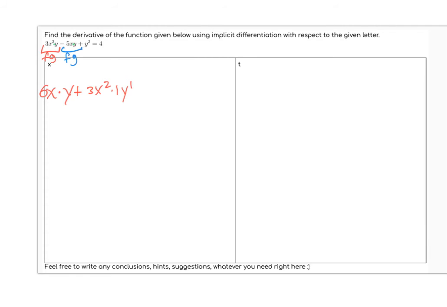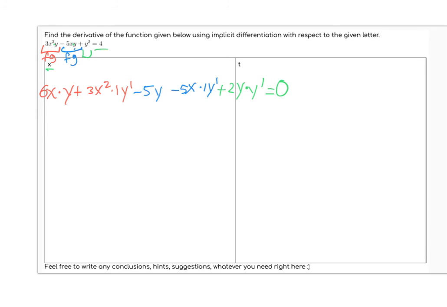We've got f and g for my product rule. So we've got minus 5y and then minus 5x times the derivative of y, which is going to be y prime, so 1 times y prime. And then we've got the derivative of y squared is 2y. Because we're using the wrong variable to take the derivative, which is x, I need my y prime as well. And finally, the derivative of 4 is going to be 0.